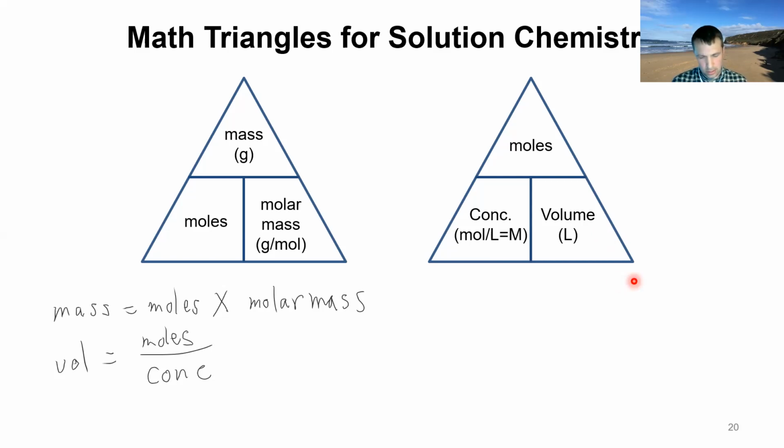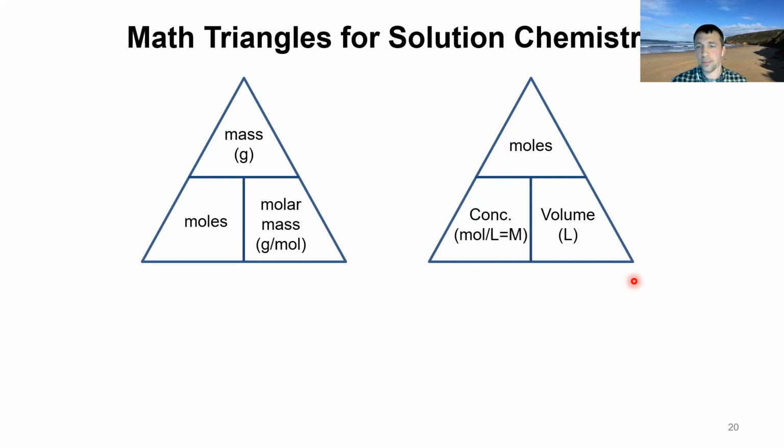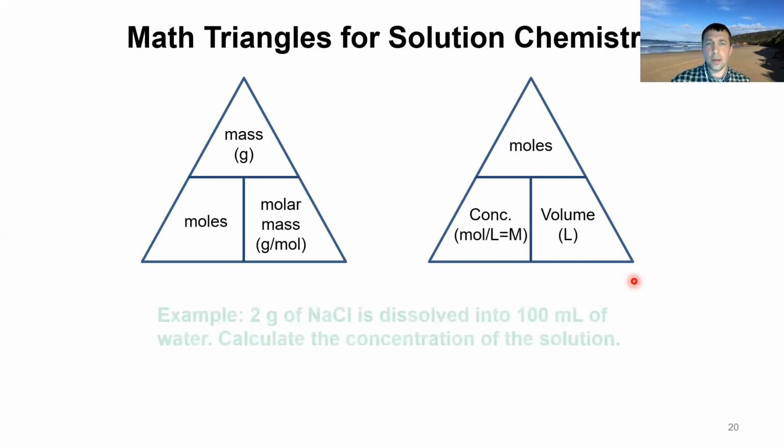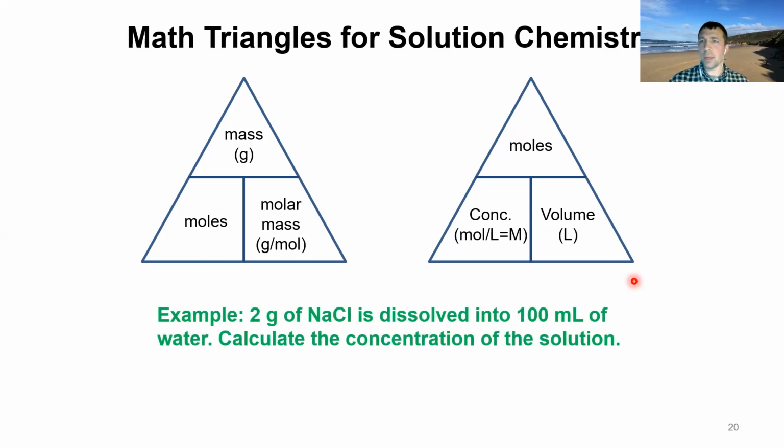I'll go ahead and clear that. An example problem that you should maybe pause and work out is provided here. Just take a moment and see if you can work that out. What you should get is an answer of about 0.34 molar.